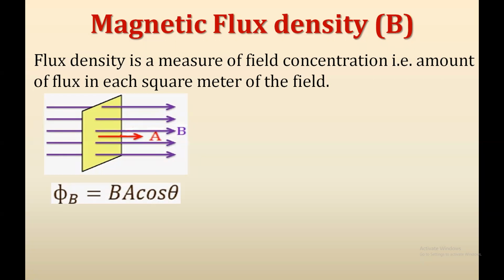And that component is B cos theta. A is as it is. Actually our formula is B is equal to phi upon A. Is it right? We can also write phi is equal to B into A.